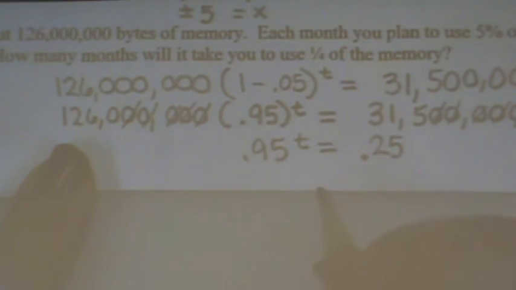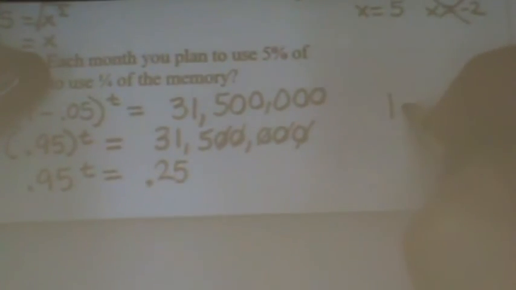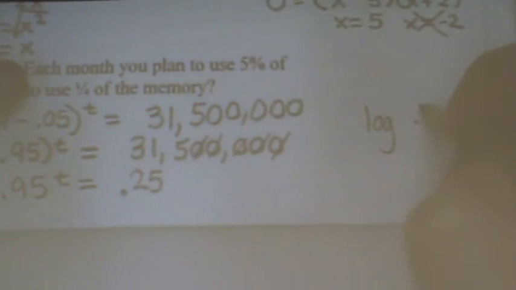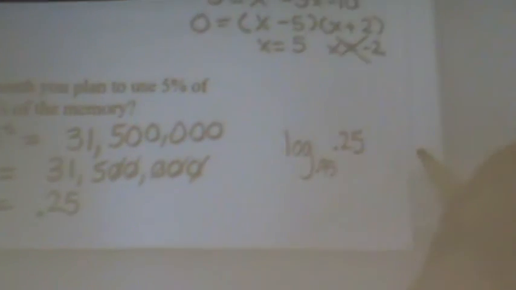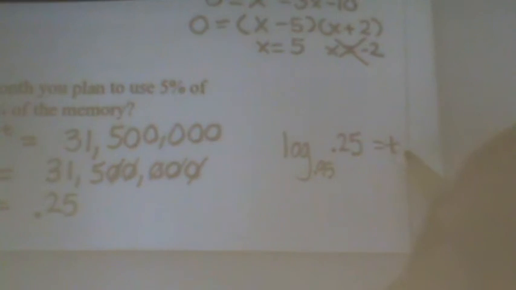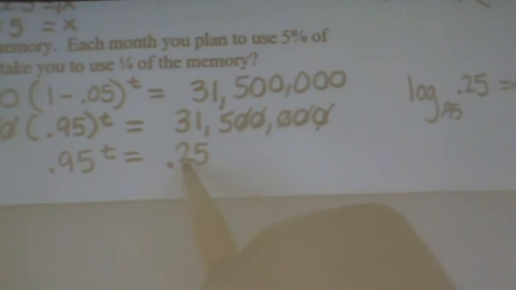So now how would you solve this problem? I'm gonna convert this to a log problem now. So this is gonna be the log of 0.25 base 0.95 equals t. So it's the log of 0.25 divided by the log of 0.95.